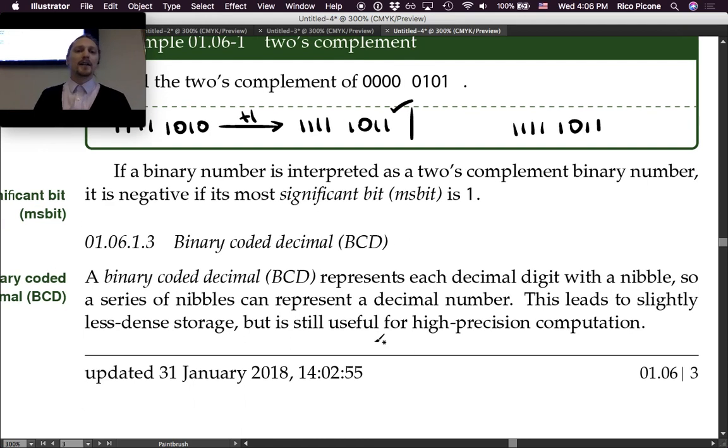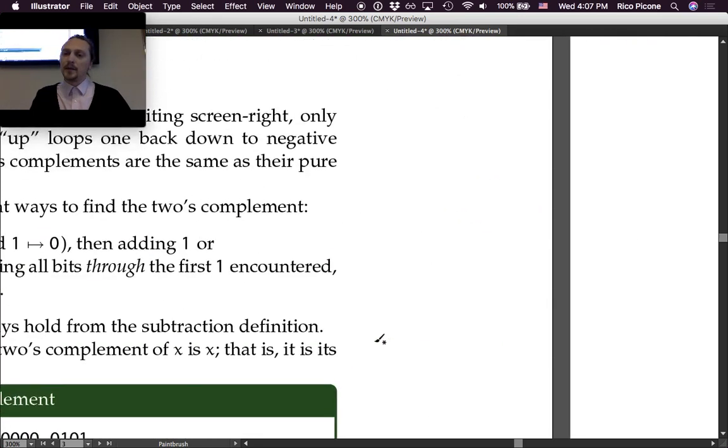A binary coded decimal represents each decimal digit with a nibble, so a series of nibbles can represent a decimal number. This leads to slightly less dense storage, because each nibble could contain more information than just those digits, but you're sacrificing that for precision. It's still useful for high precision computation.